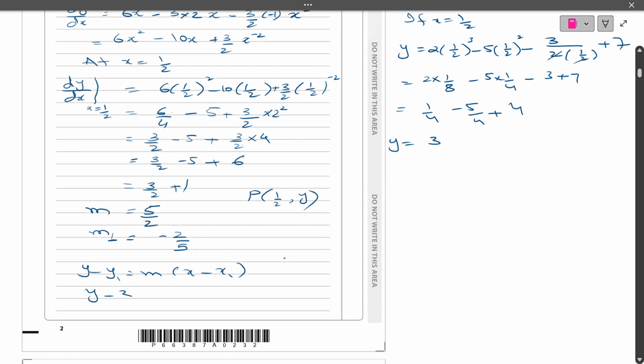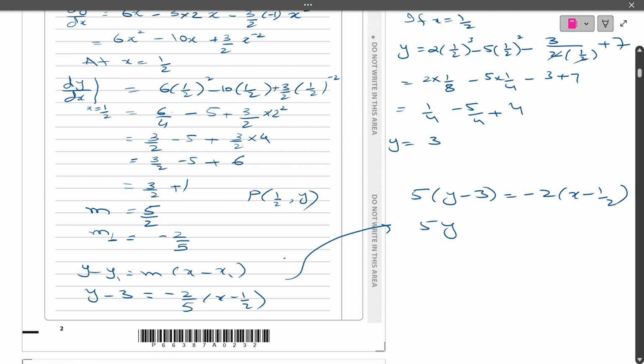So y minus 3 equals negative 2 over 5 times x minus 1 over 2. Let's solve it here. Multiply 5 with y minus 3 equals negative 2 into x minus half, and 5y minus 15 equals negative 2x plus 2 times half is 1.